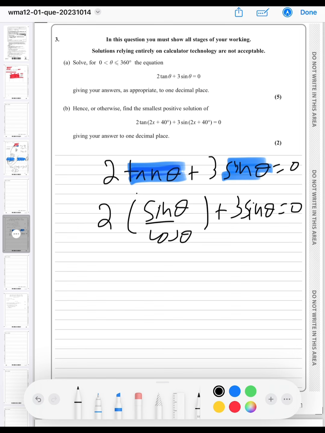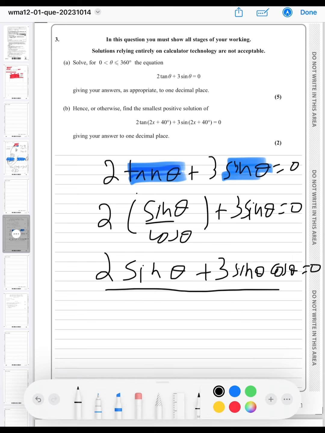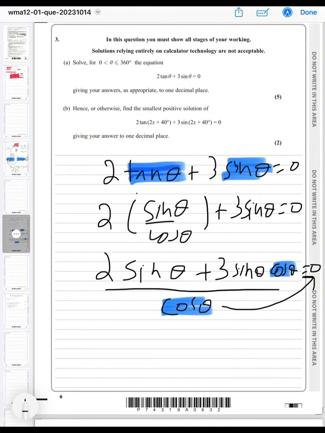So what we will do here is take the LCM. The LCM will be like this: 3 sine theta cos theta equals 0 upon cos theta. Now as you can see, we took the impact of this cos in the question. We will move this cos to the other side, and it will become 0. As I told you, we will try to bring it to the situation like the three situations I told you earlier.